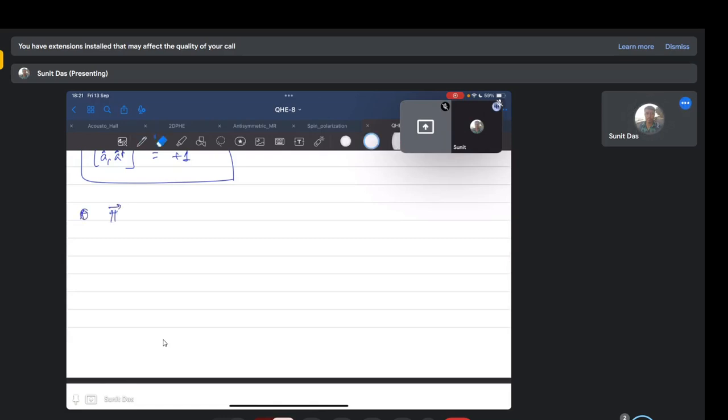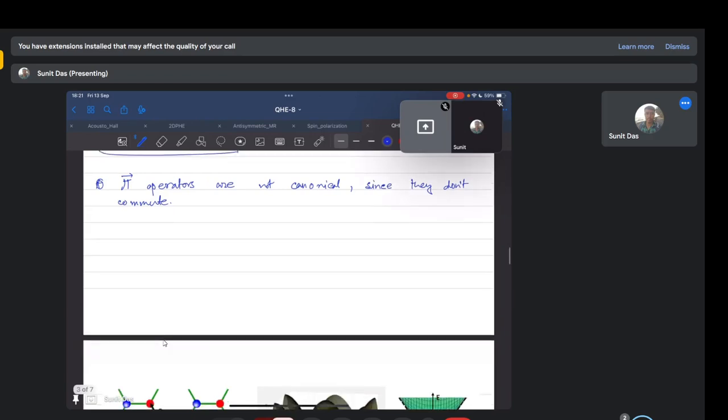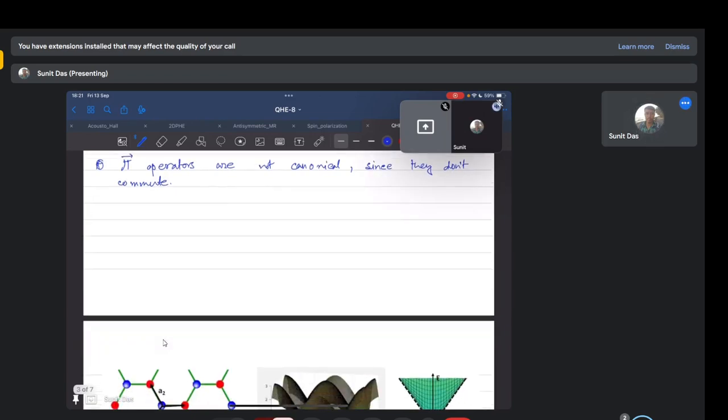So let me write more clearly: the pi operators are not canonical since they do not commute. So is the case for A and A dagger.